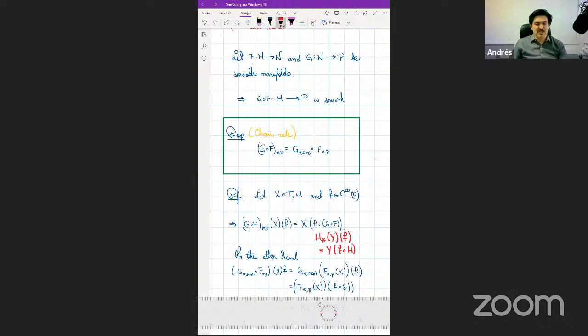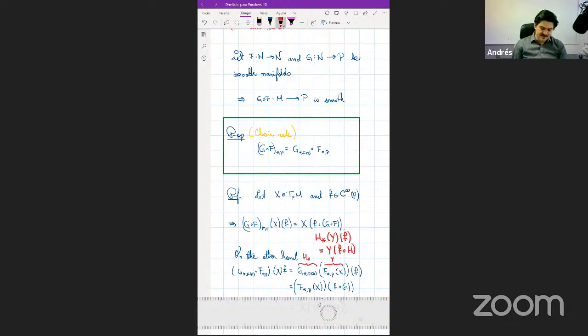This is my definition of the differential, right? So let's identify all of this. This is H star. This is Y, and F is F.